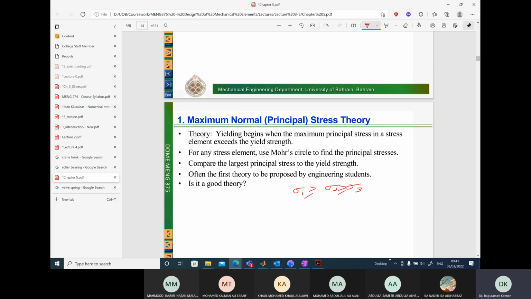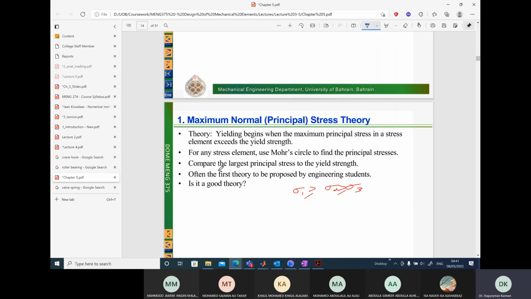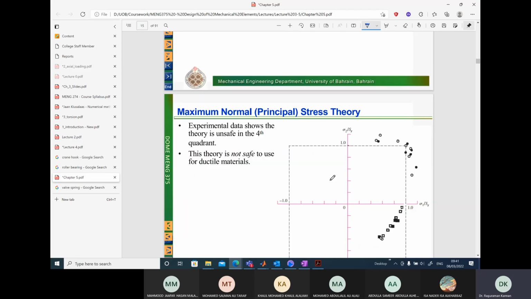Then taking the maximum principal stress value, or the minimum, because the minimum value can be negative and can be a very high value, we can compare it with the yield strength in tension or compression and then come to a conclusion whether failure will happen or not. But is this theory good? We will see that for ductile materials, this theory doesn't work well, and we will see the experimental results as well.